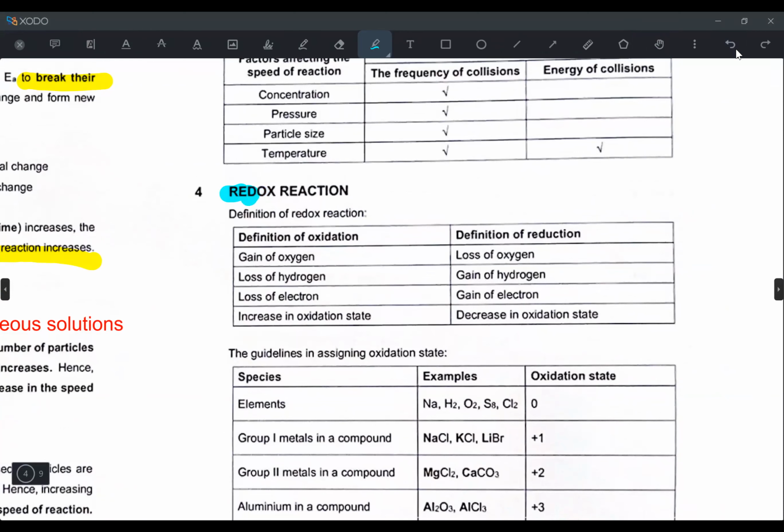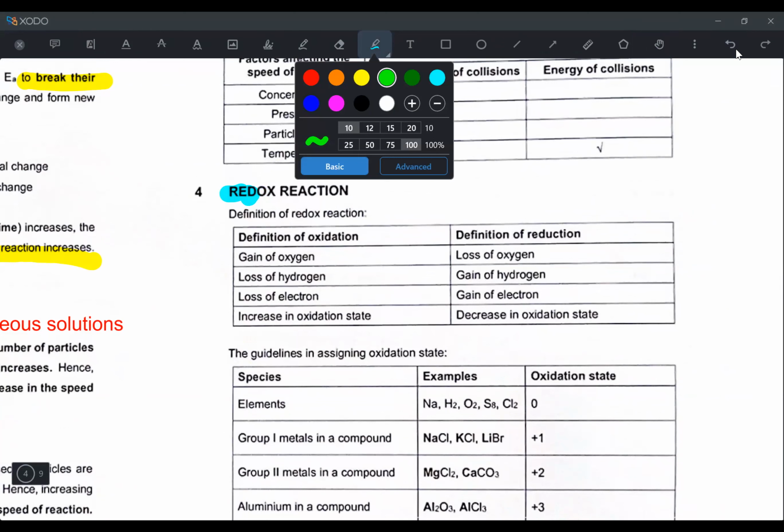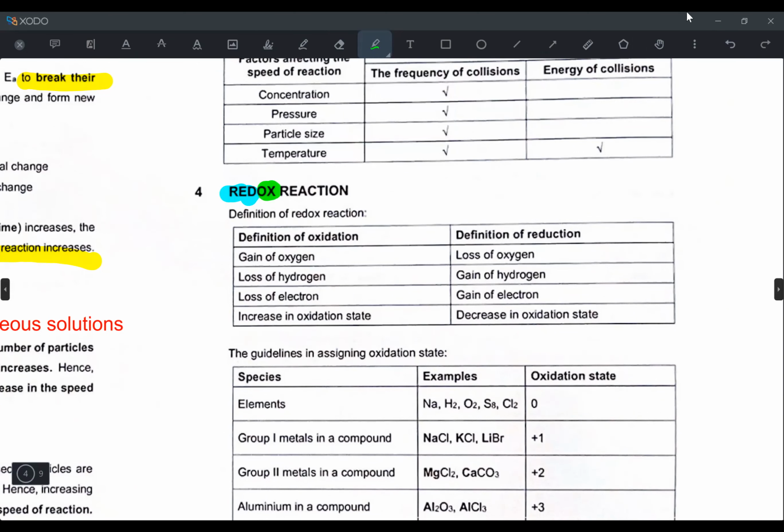Okay, RED, then you have, in green color, OX. So redox, RED stands for reduction. Okay, so this one is reduction. Then OX stands for oxidation. So for redox, it basically means that these two reactions occur at the same time.